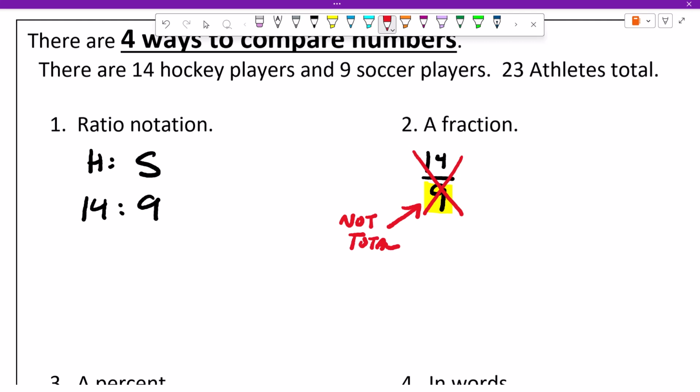So if you want to talk about hockey players, we go 14 over what number? 23, because we have a total of 23 athletes. So 14 out of the 23 are hockey players. That makes more sense. 14 out of 9 soccer players doesn't make any sense at all.